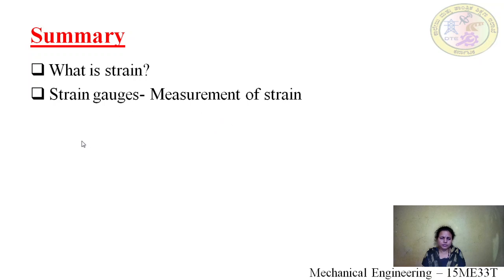If you take an object and a force is applied on it, it either expands or contracts. If a tensile force is applied, it expands, so the length increases and the diameter decreases, which in turn increases the resistivity of the object.